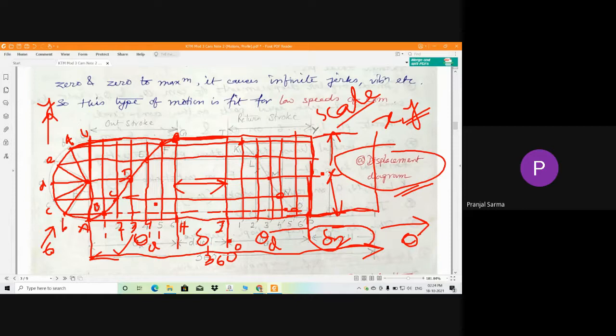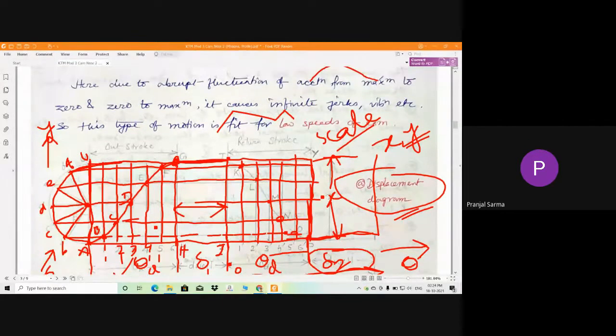So starting now, it is going down. The return has started, so we have to locate those points and join them with a freehand curve, a smooth curve. Don't join the points like this, this, this. Rather, try to follow the pattern of the curve.